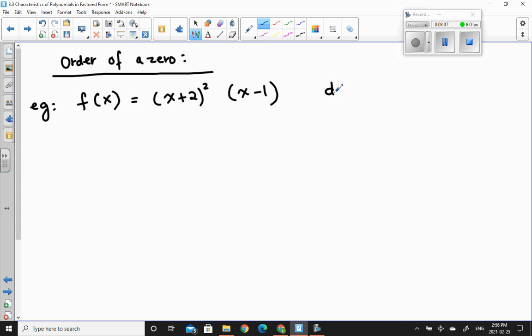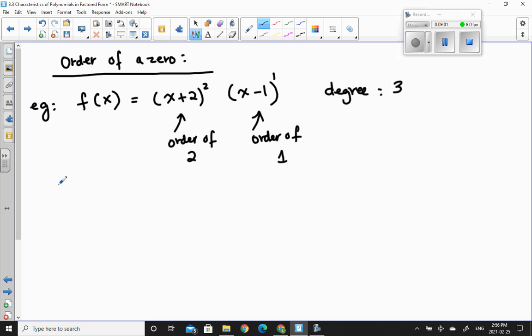So the degree of this function will be 2 plus 1, which is 3. So it's an odd degree function, but it's going to have an order of 2 for this factor because it's raised to the power of 2, and order of 1 for this factor because it's understood to be raised to the power of 1.